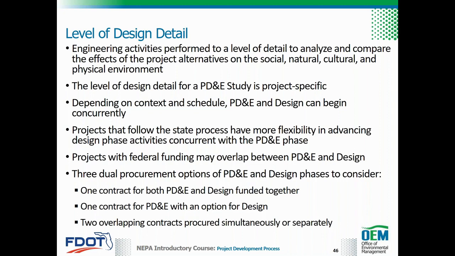Depending on the context and schedule of the project being studied under the NEPA process, PD&E and design can begin concurrently, provided that the preliminary design activities comply with Title 23 CFR Part 771 and Title 40 of the CFR subsections 1500 through 1508. Essentially, the preliminary design activities must not limit the choice of reasonable alternatives. Projects that follow the state process have more flexibility in advancing design phase activities concurrent with the PD&E design.